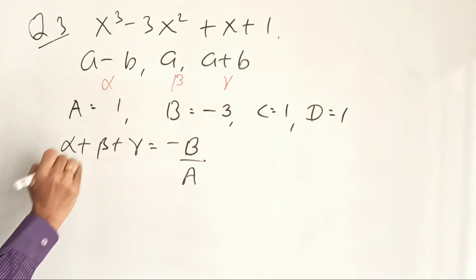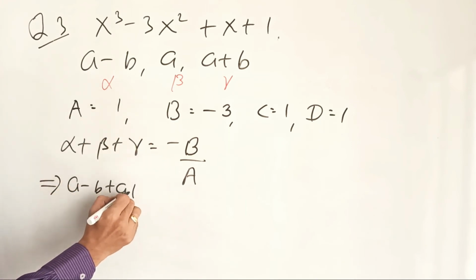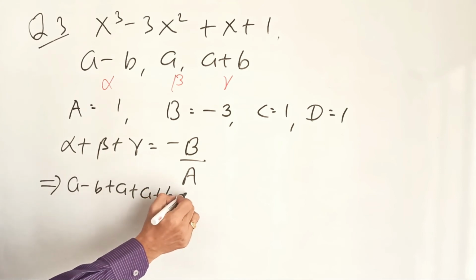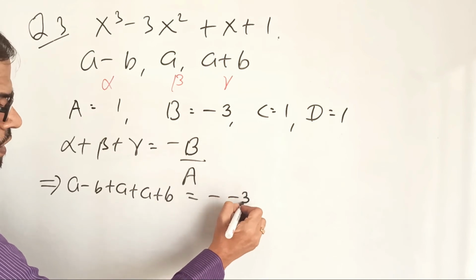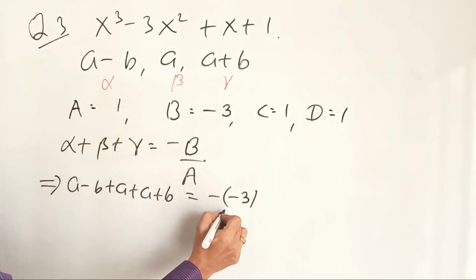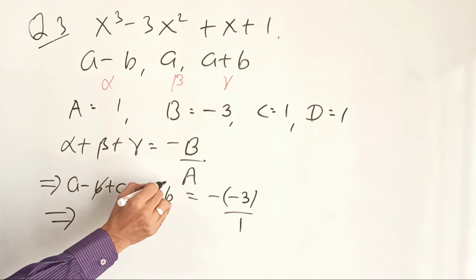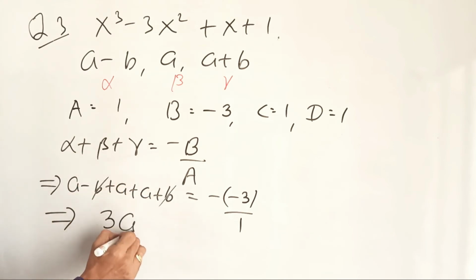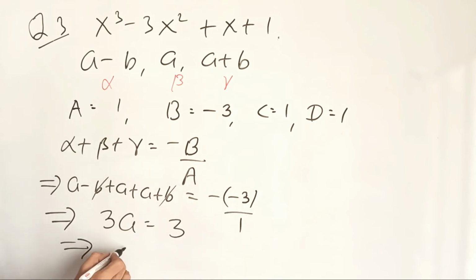So a minus b plus a plus b is equal to minus of minus 3 upon 1. Listen student, b will be cancelled, 3a is equal to 3, so a will be 1. The value of a we found, a is equal to 1.